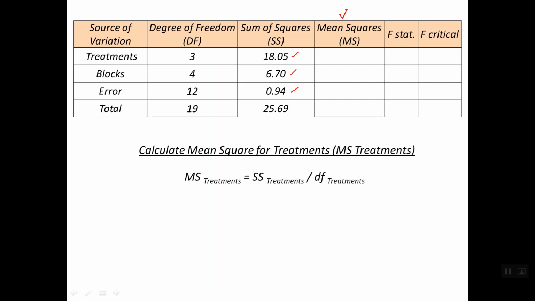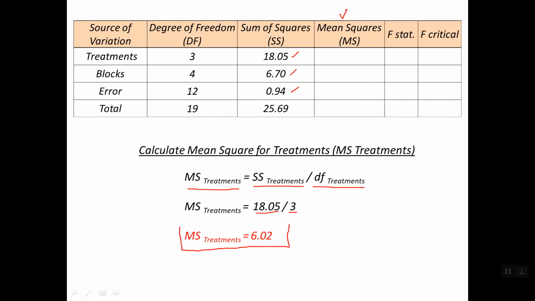So to calculate the mean square for treatments, which is MS treatments, it's equal to the value of the SS for the treatments divided by the degree of freedom for the treatments. This is the treatment SS, and this is the treatment degree of freedom. So this is the value of the mean square for the treatment. It's equal 6.02.